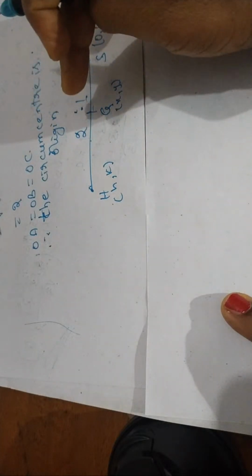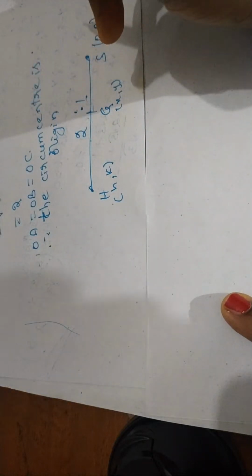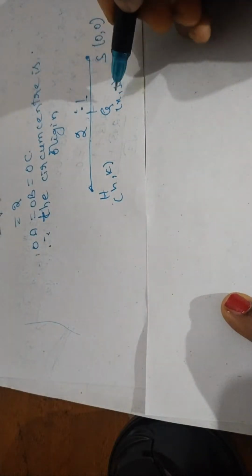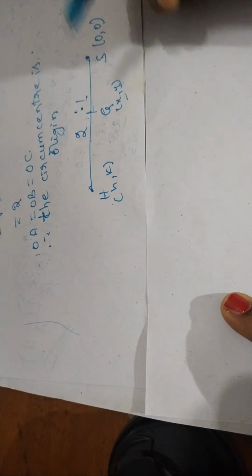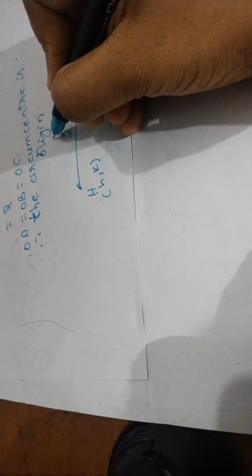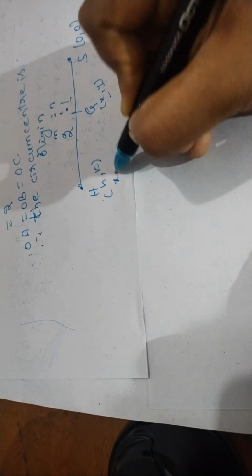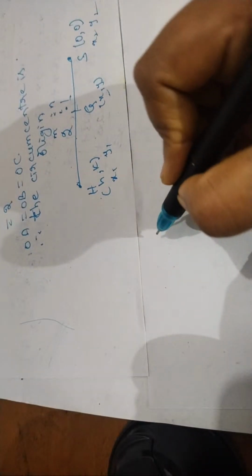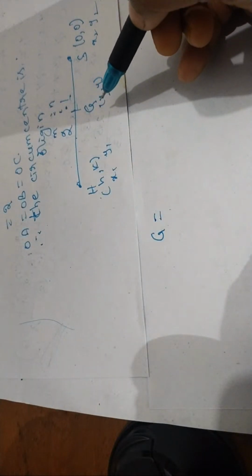Now find the section formula here. From the section formula, we find the x, y values. We use the section formula for the ratio m is to n, taking (x1, y1) and (x2, y2). Now the centroid x is equal to (m x2 plus n x1) divided by (m plus n).